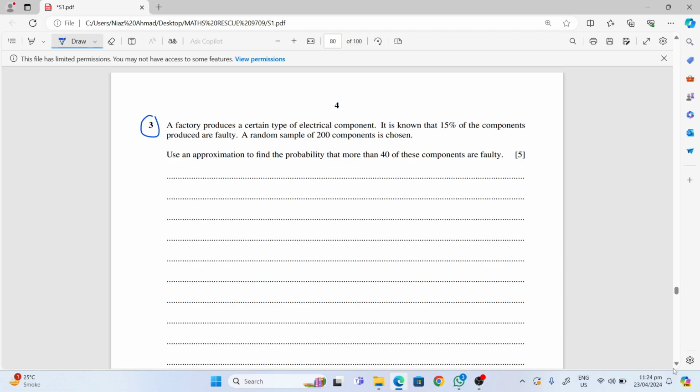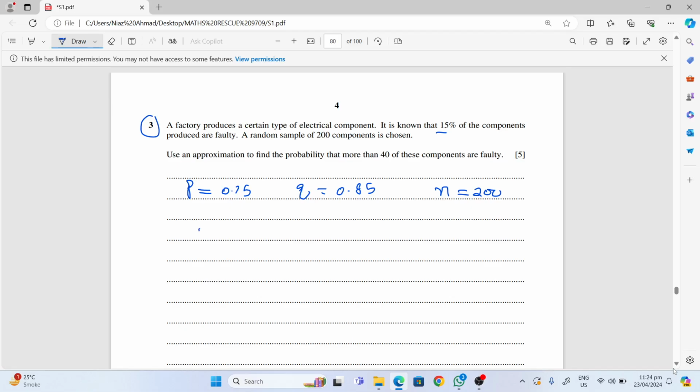Use the approximations. For approximations, this is 15%. So your probability for P is 0.15 and Q must be 0.85, and n, you have n 200 components, and that is 200. N is 200, P is this thing.